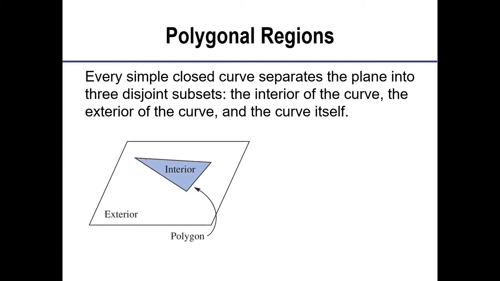I have a triangle drawn on a plane, and we have three distinct subsets: the inside of the curve, or the boundary of the curve, and of course we have the outside of the curve. If we have two line segments that intersect, we call that a vertex, and the side of the curve is any segment of the curve.